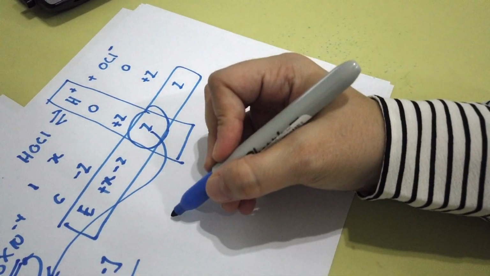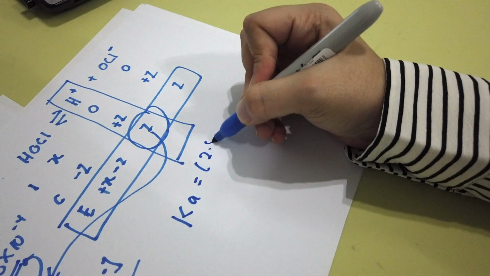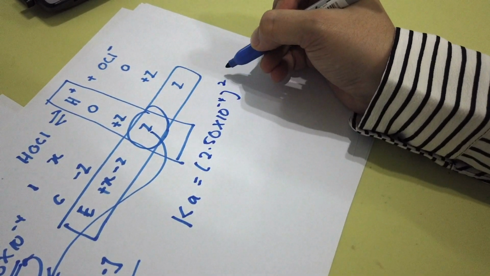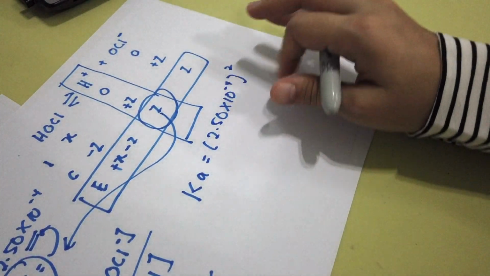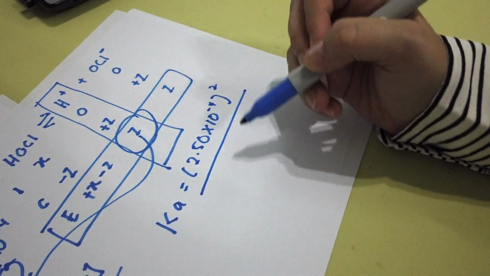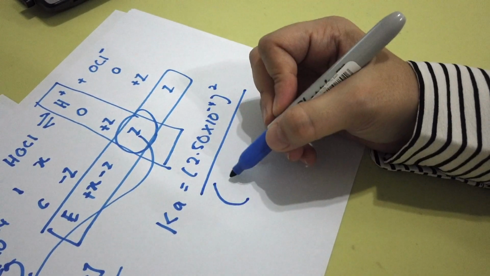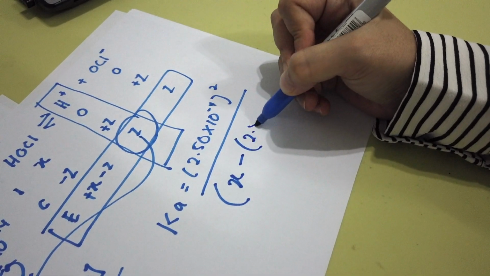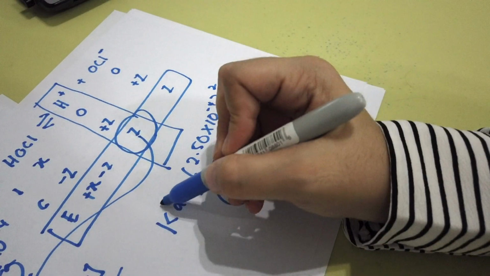So your Ka is equivalent to 2.50 times 10 to the power of negative 4 squared, because Z times Z, divided by X, which is the thing that you want to find, and your Z is 2.50 times 10 to the power of negative 4. What about the Ka?